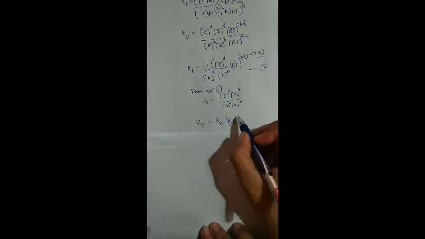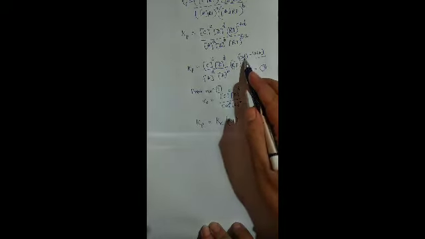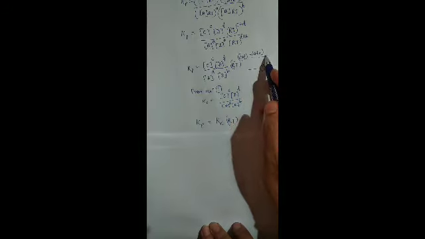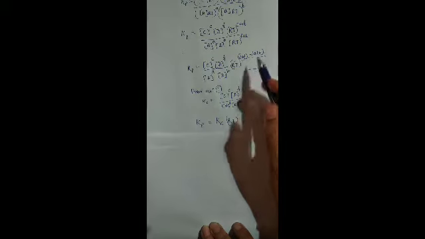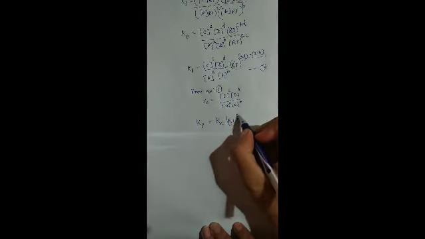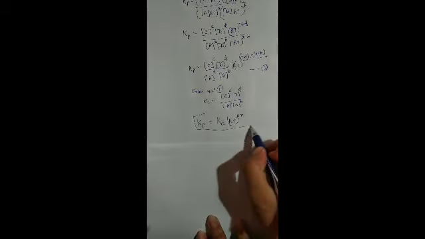So this is the number of moles of product minus the number of moles of reactant. This whole thing can be written as delta n, where delta n is called the change in number of moles.